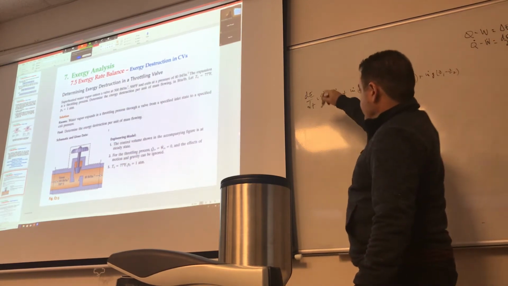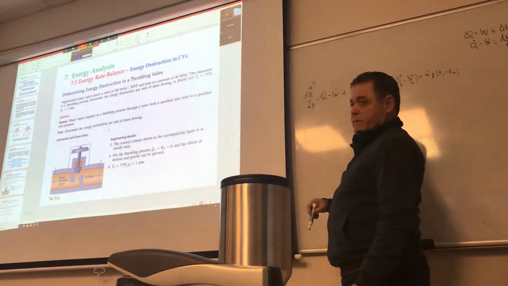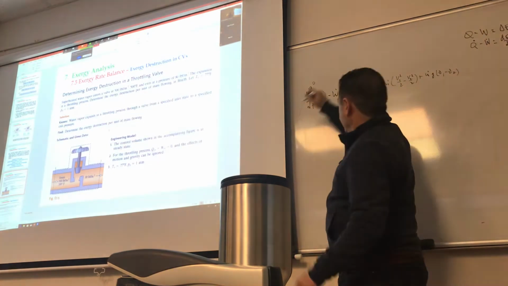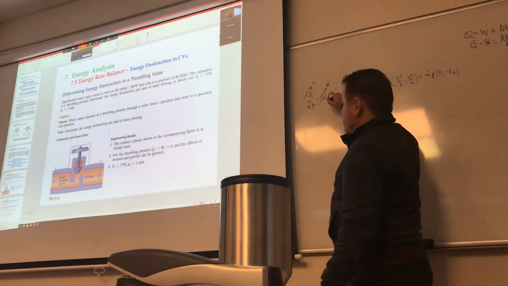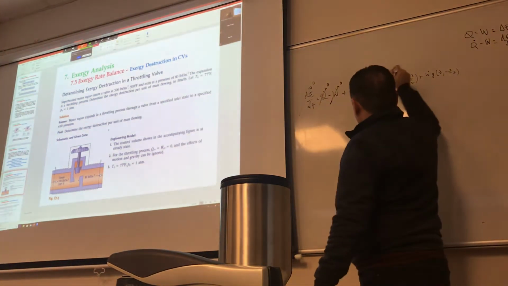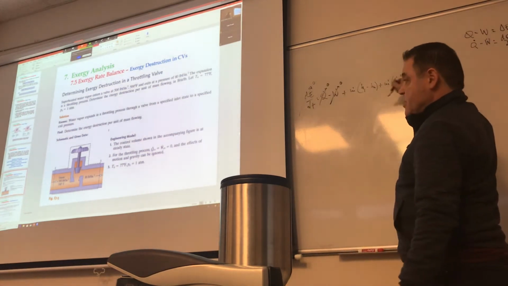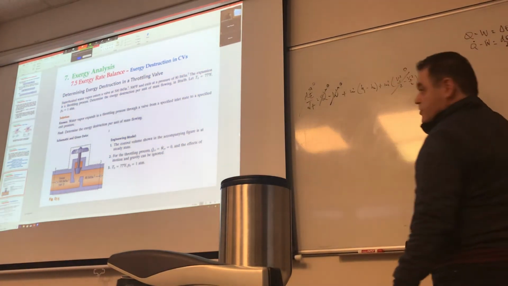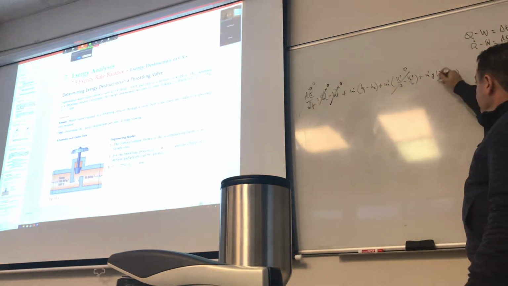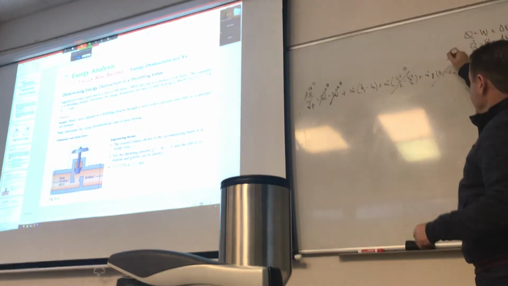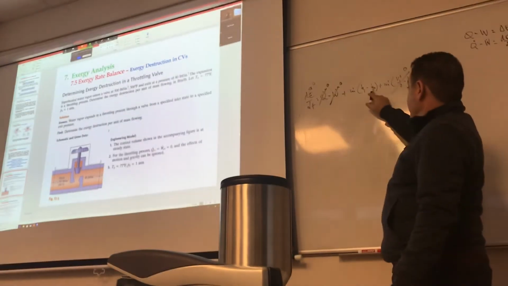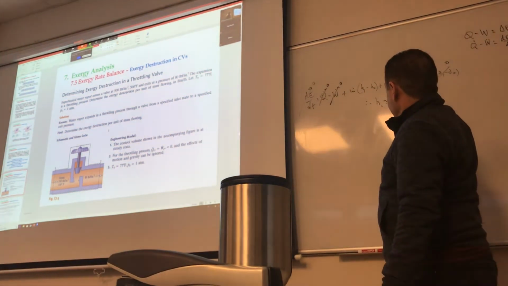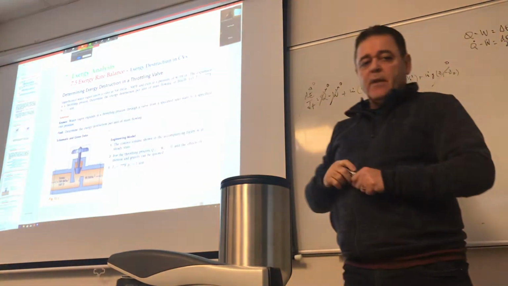Okay? So under steady state, you know that this term is 0. Is there any heat transfer through that little thing? 0. Is there any work done? 0. Is there any velocity change between the two? Usually pretty negligible. Is there any potential energy change between the two? Pretty negligible, I mean, no elevation change. So what do you end up with? This term is equal to 0, which means that H1 is approximately equal to H2.